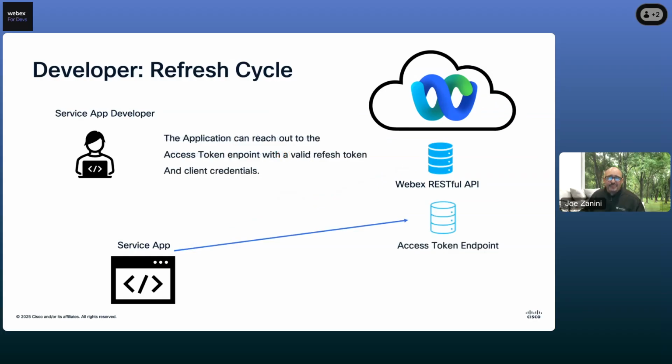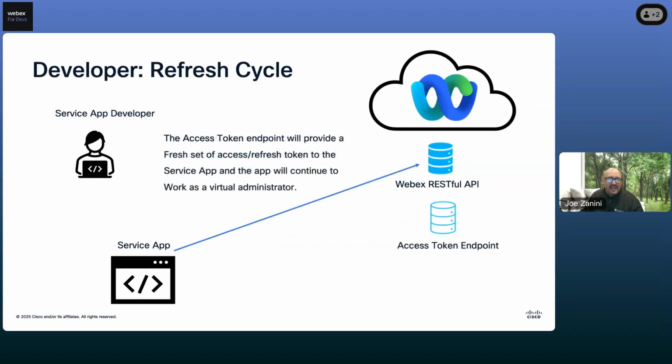So what I can do in response to that 401 error is leverage that refresh token and hit the access token endpoint again with my valid refresh token and my client credentials. And I can get a fresh set of access token and refresh token and again start making API calls. Now I drew this out pretty simply, but there are some functions you have to write for the refresh cycle.